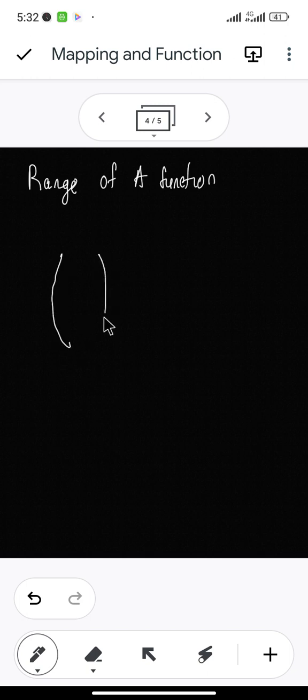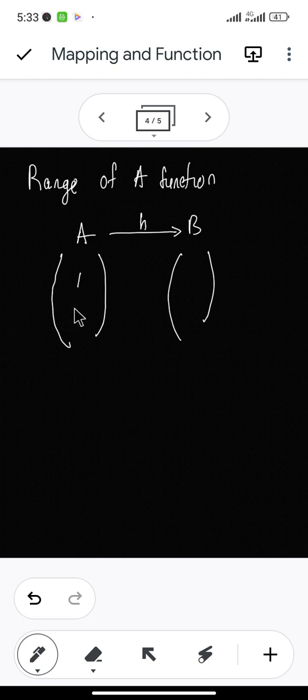Let's say this is A, and this is B, and a function is mapping A into B. Let's call the function H. Now we have 1, 3, and we have 2, 4, 6. And this is mapped to this, and this is mapped to this.